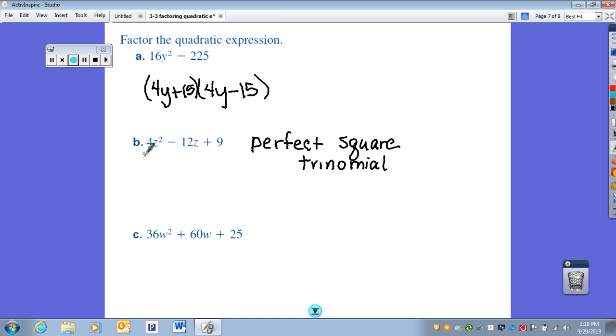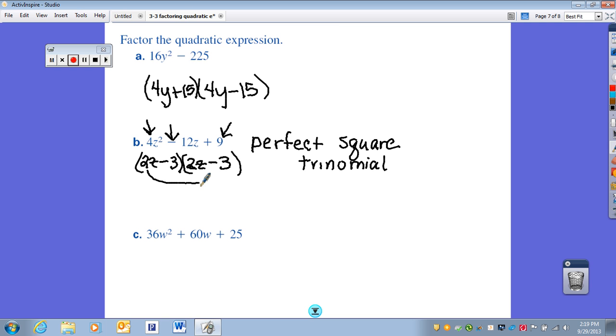The way to factor this is that I want to take the square root of the first term, or in other words, what do I multiply together? I have 2z and 2z. And what would I multiply together or take the square root to get 9 would be 3 and 3. And then I look at the sign of my middle term, which is minus, and my ending term is positive, so I would need 2 negatives to get those final products.